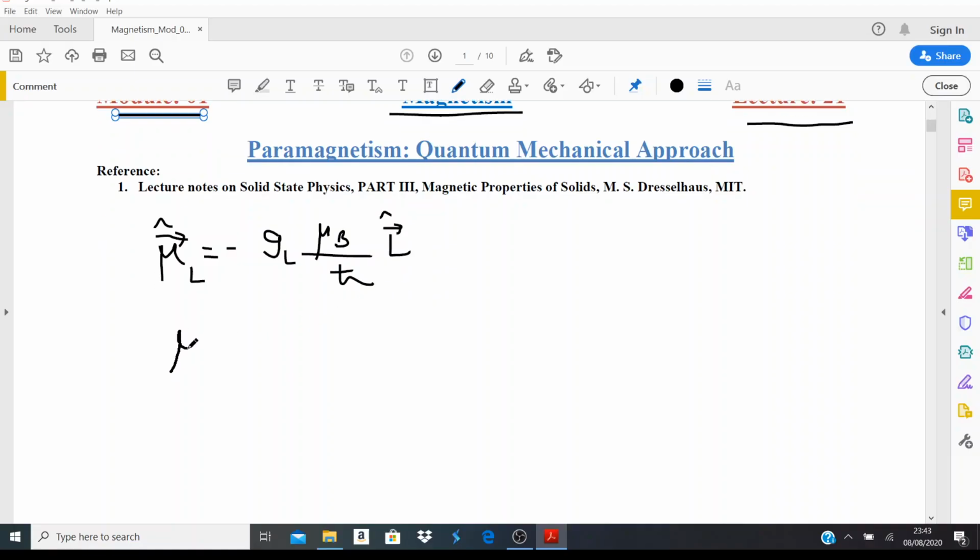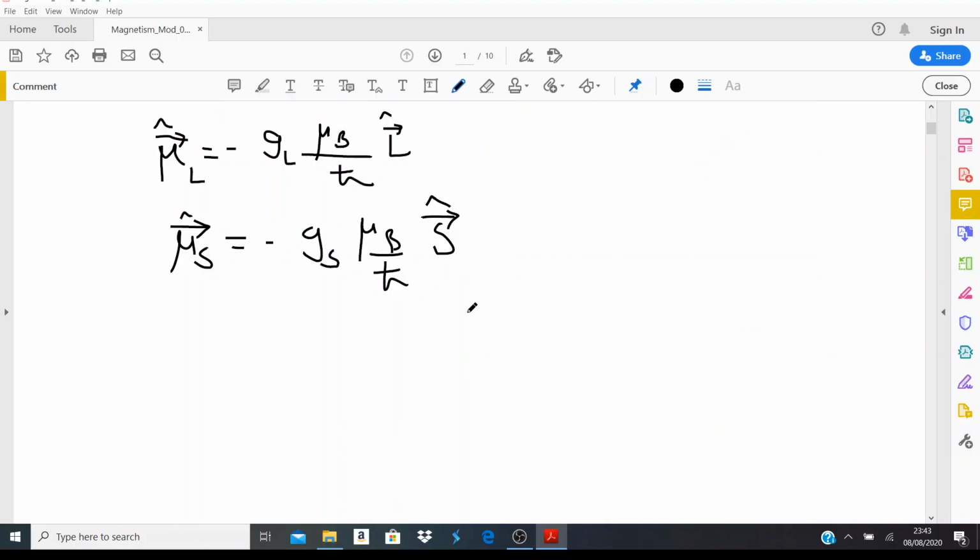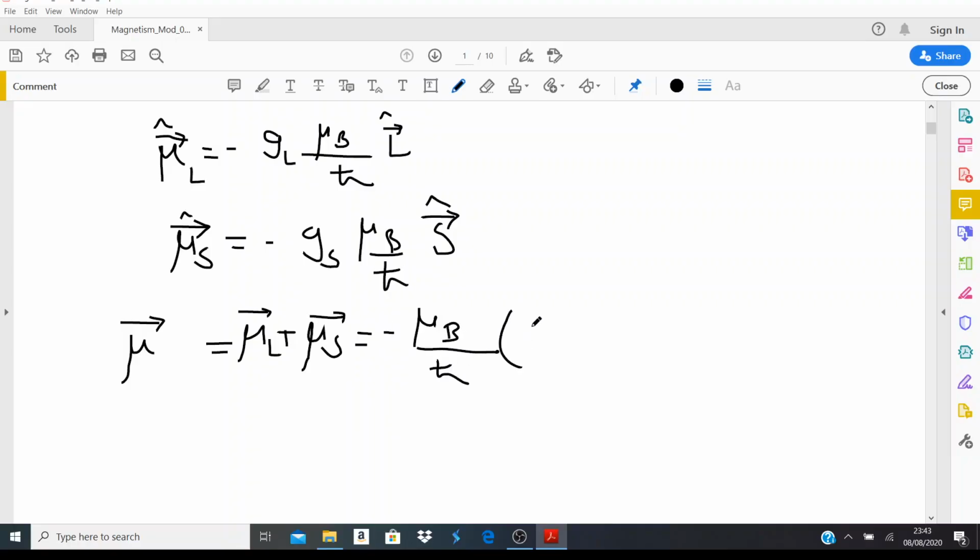And similarly for spin angular momentum, the magnetic moment due to spin is given by minus the g factor of the spin times mu B by h bar times the spin operator, right? And we have shown that the total magnetic moment, which is nothing but mu L plus mu S, is given by minus mu B by h bar times L plus twice S, right?